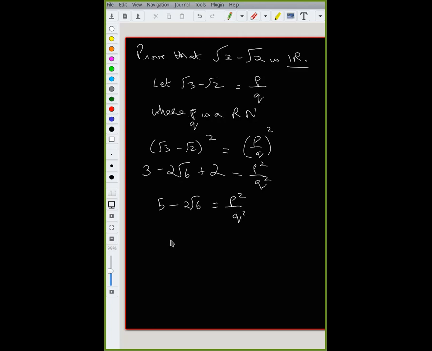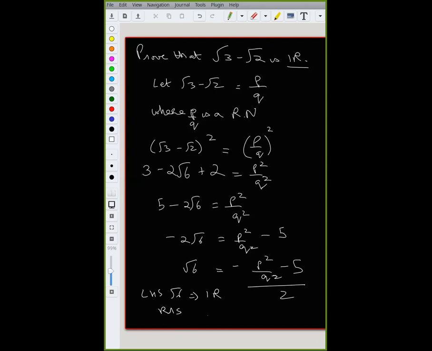Or minus 2√6 is equal to P squared by Q squared minus 5, right? Yes, sir. That is √6 is equal to minus of P squared by Q squared minus 5, the whole thing divided by 2. Now we know left hand side, √6, is an irrational number, whereas the right hand side is a rational number, right?